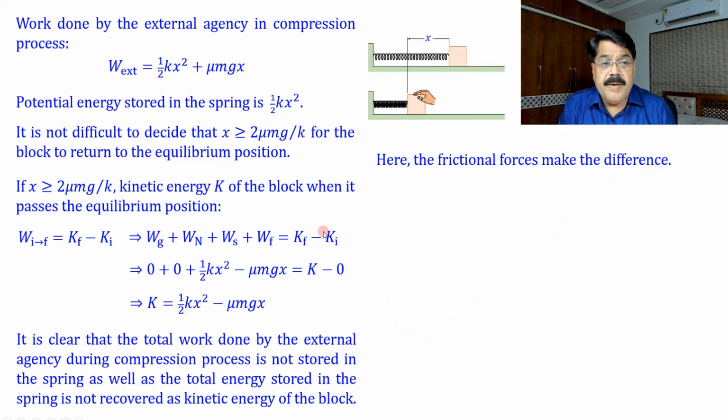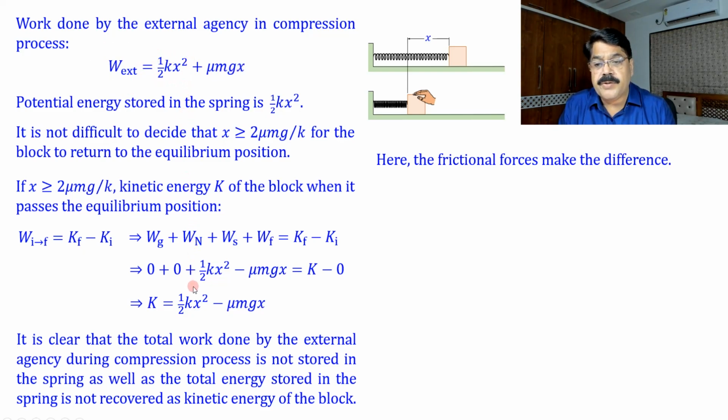Now, why am I saying they make the difference? Because in the previous situation, when we took no friction on the floor, whatever amount of work was done by the external agency, that much was stored in the spring. And when the block was released, that much amount stored in the spring was released as kinetic energy. But if there is friction during the compression process, part of the work done by the external agency is lost or dissipated by friction, and only the remaining part is stored.